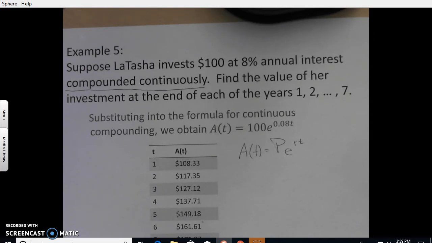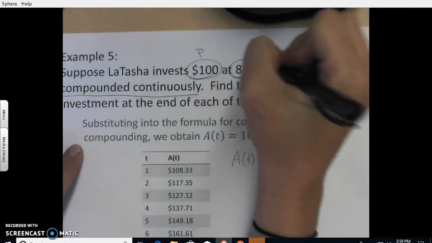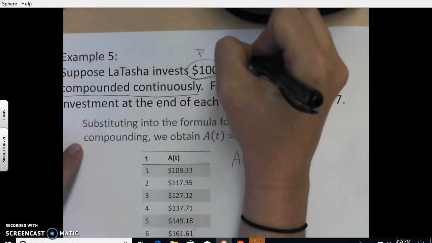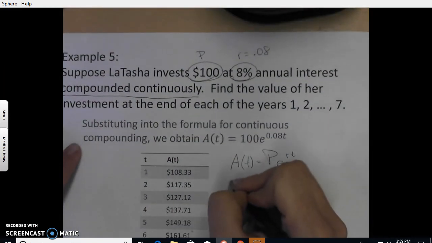Find the value of her investment at the end of each of the years, 1, 2, all the way to 7. So 100 is P, 8% means R is equal to 0.08. And then we plug in.